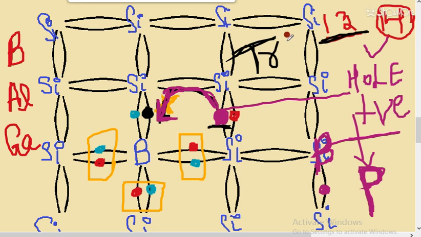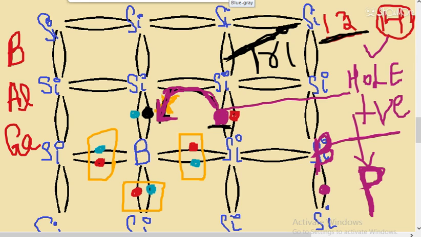Sometimes a question is asked, which type of impurity we will add to get a p-type semiconductor. The options given are trivalent impurity, pentavalent, and so on. So the answer for this question is: trivalent impurity is added to get the p-type semiconductor.